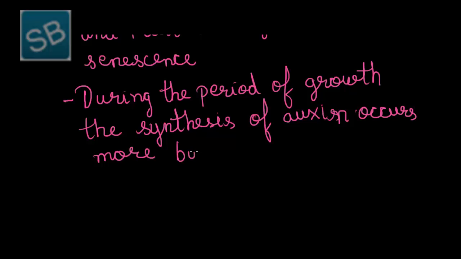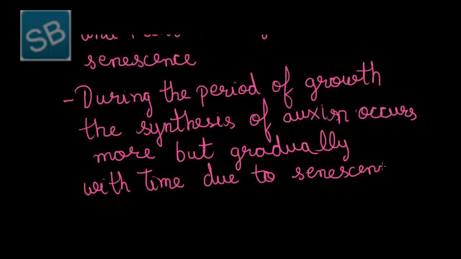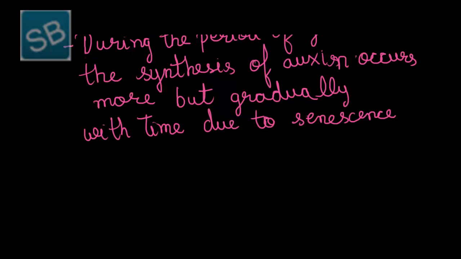But gradually with time, due to aging or senescence, the synthesis of auxin decreases and the production of growth inhibiting hormones increases.